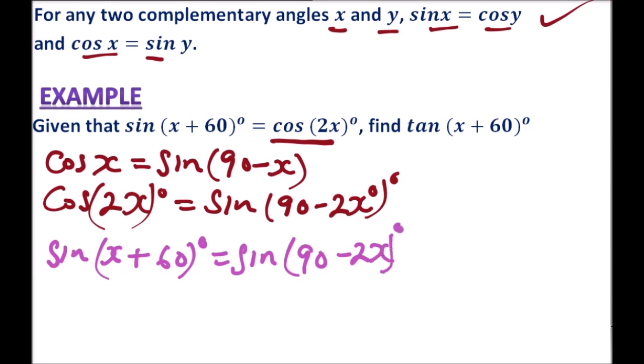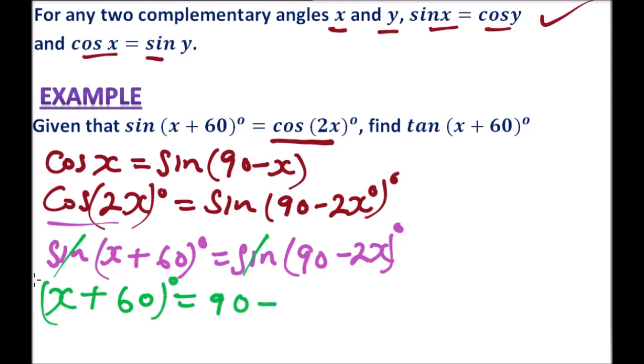Now you can take the sine inverse of both sides, so they cancel, and we say x plus 60 degrees is equal to 90 minus 2x degrees.